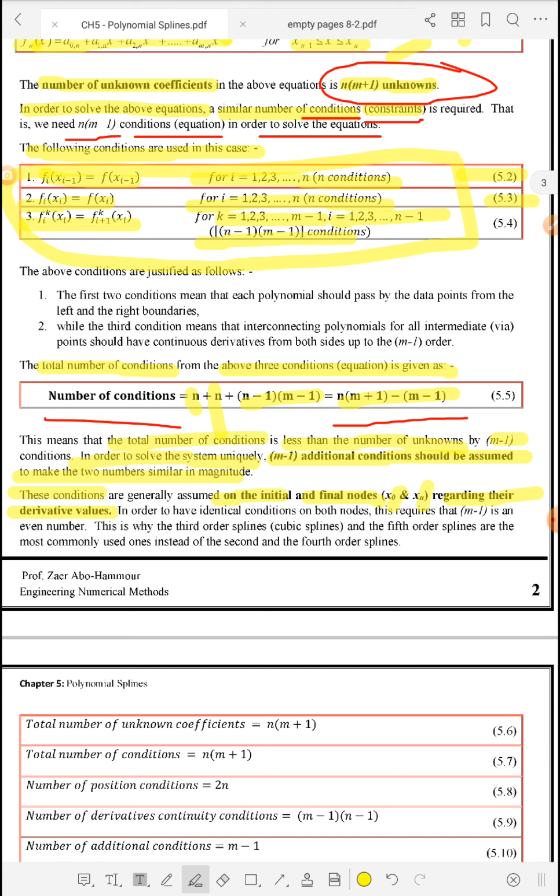So m minus 1 conditions will be added on the initial and final node. In order to have identical and symmetrical conditions on both nodes, x naught and xn, these m minus 1 conditions should be an even number.